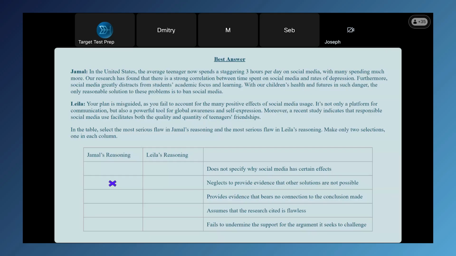And Leela is saying, hey, that plan is misguided. What about all these good things? But she doesn't really undermine the thing about the depression or the academic focus and learning. She just brings in a bunch of new information that is positive for social media, but she doesn't address Jamal's concerns. That's her real problem. So it's going to be B for Jamal and E for Leela. Any questions on that one?